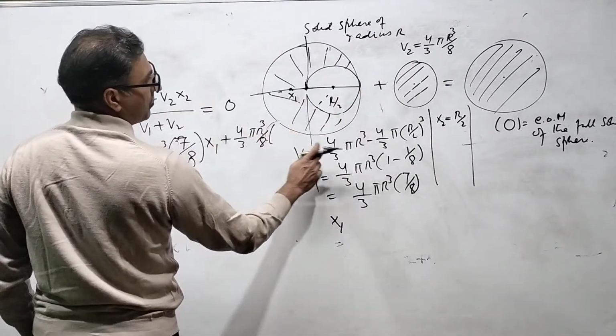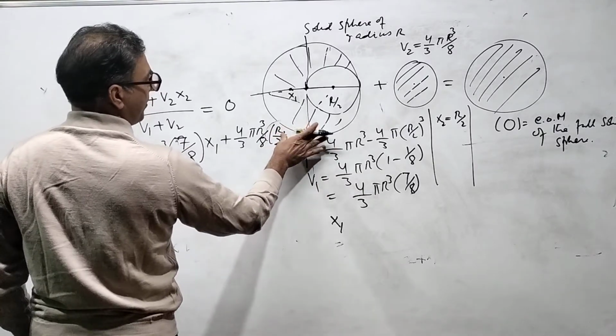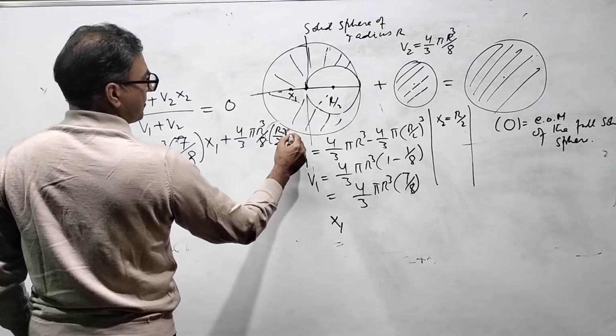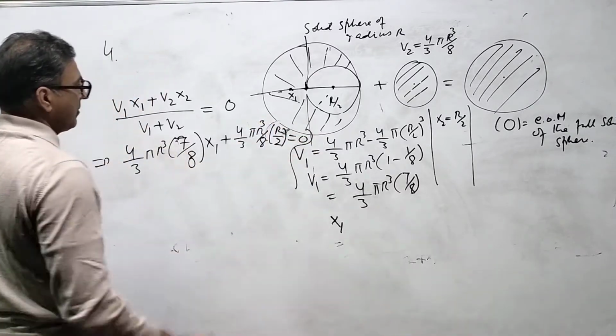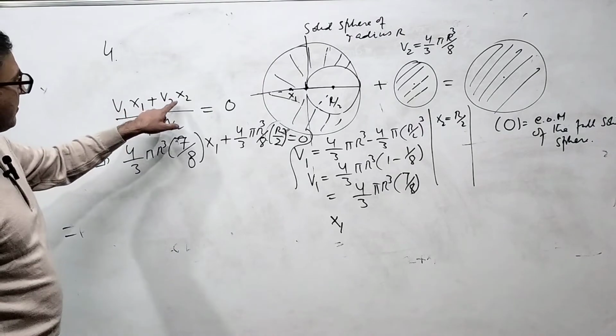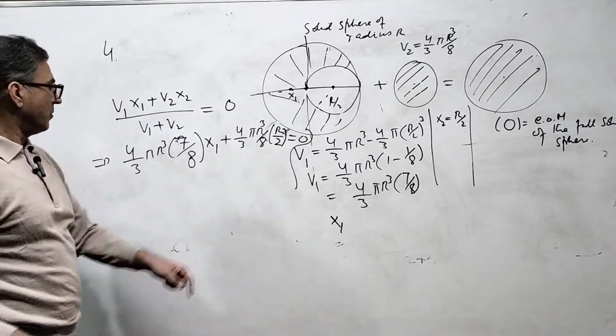What is x2? That is r/2. This is equal to 0, because (V1 plus V2) multiplied by this is 0.